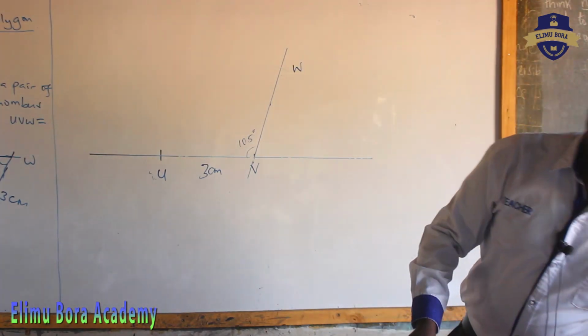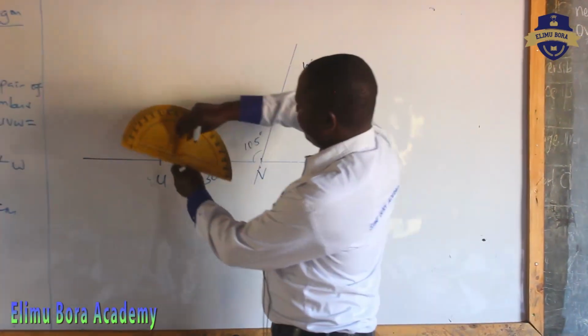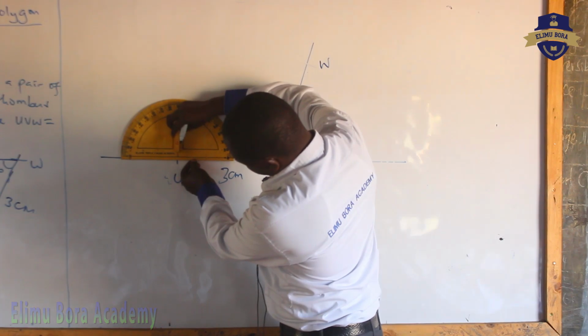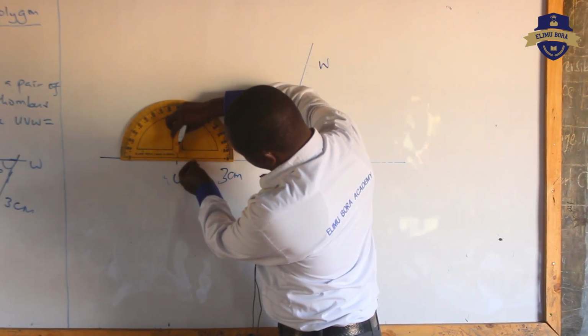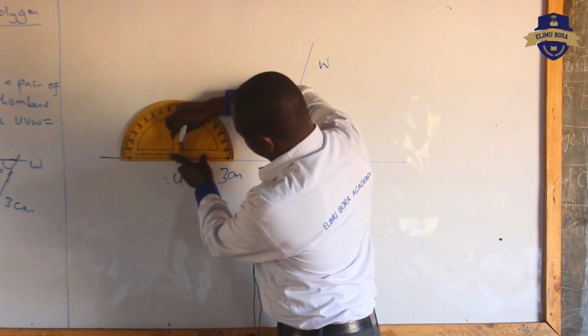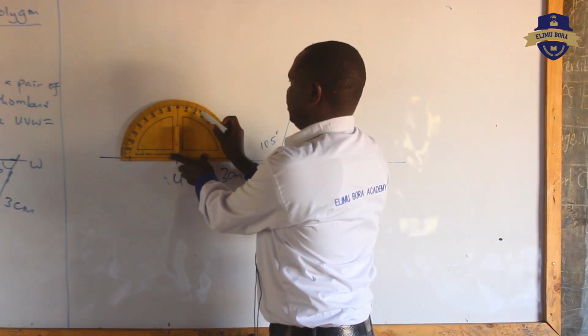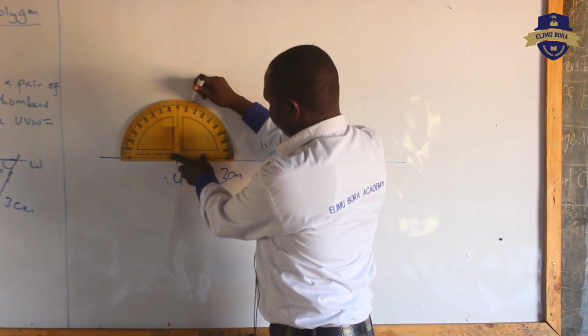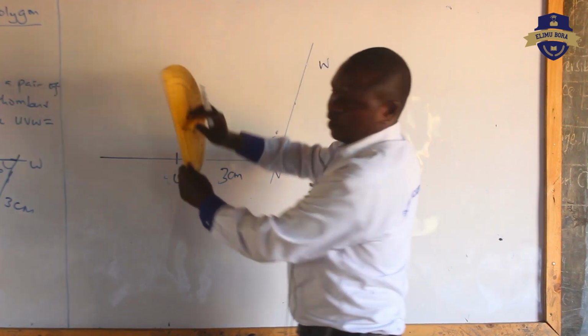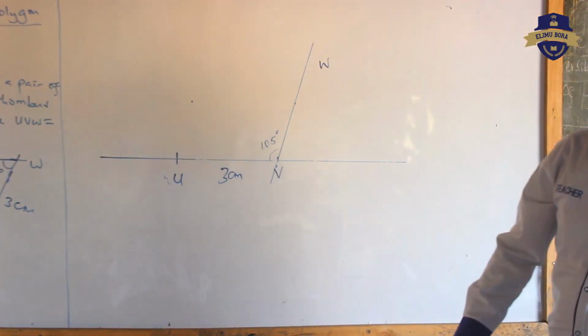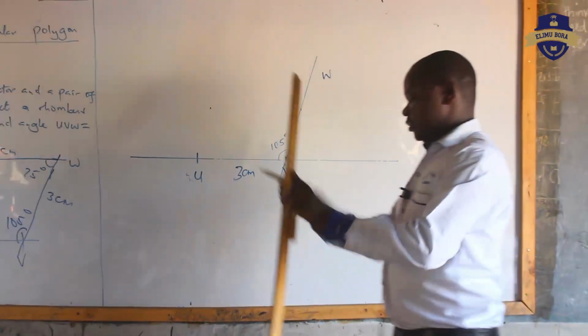Now let us use our protractor to get 75. So 10, 20, 30, 40, 50, 60, 70, 75. And it should be exactly 75 degrees.